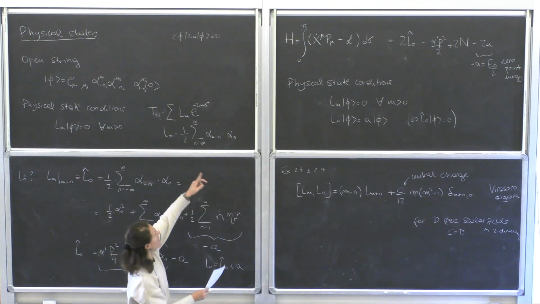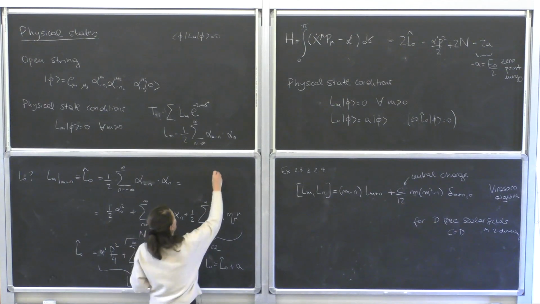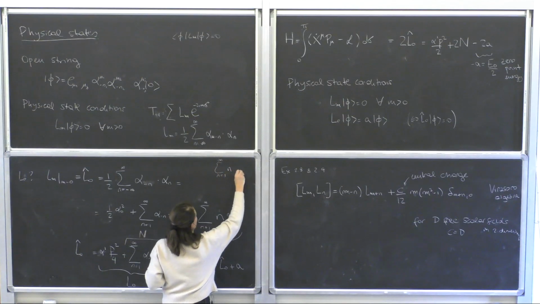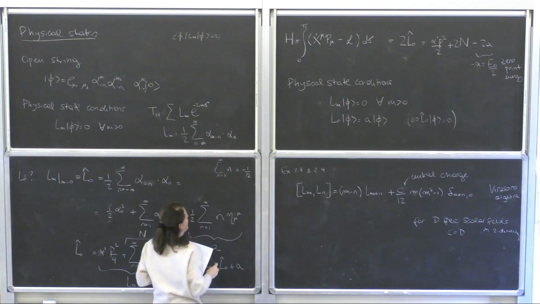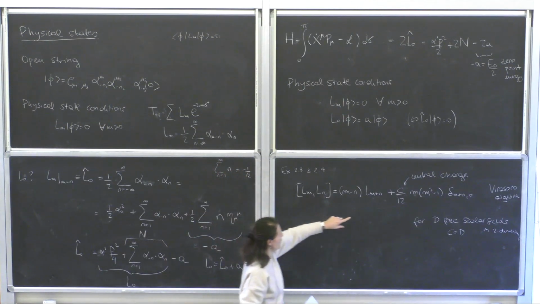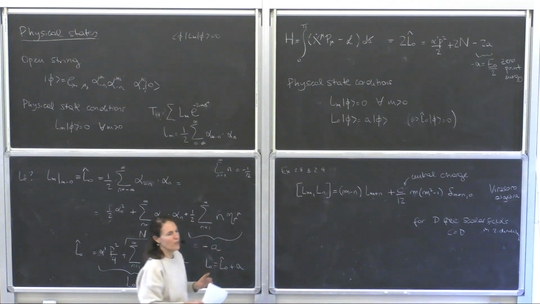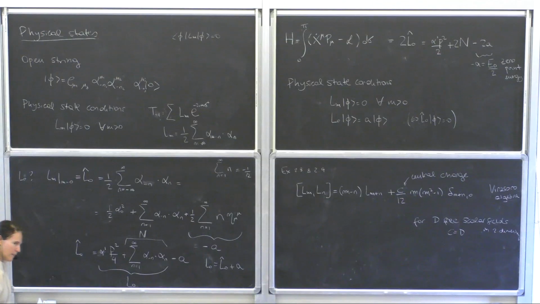There was a 1/12 in the sum, the sum of n from 1 to infinity of n. So this 1/12 is related to this 1/12. Here there's a D, but I didn't want to. So all those things are related, and this is why in the quantum theory you cannot require that m positive and m negative annihilate the physical states.